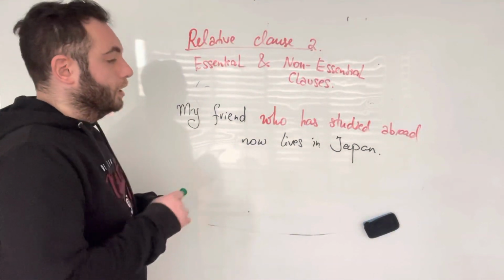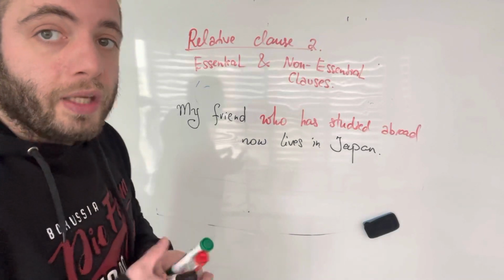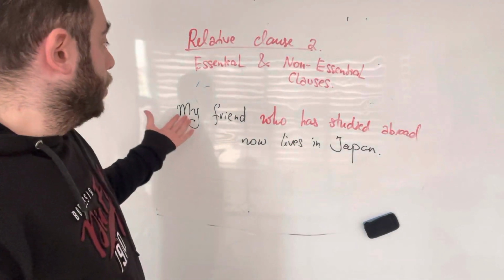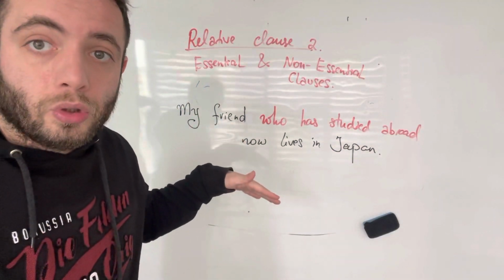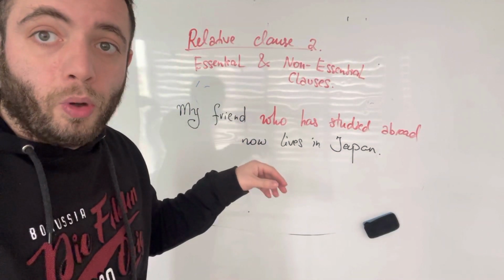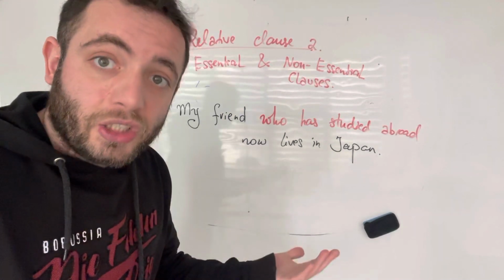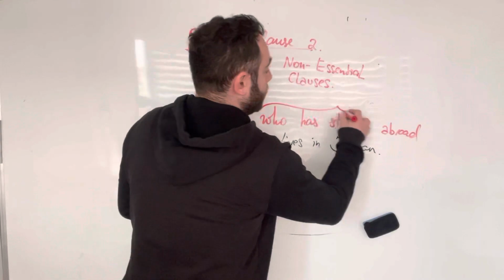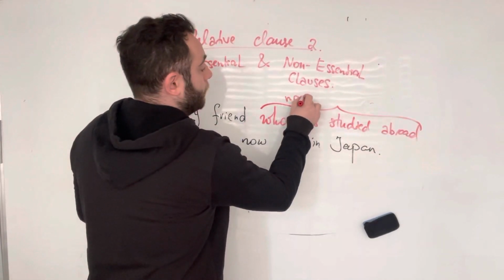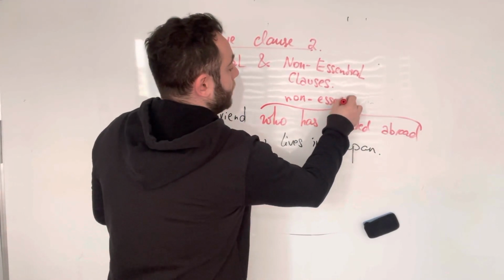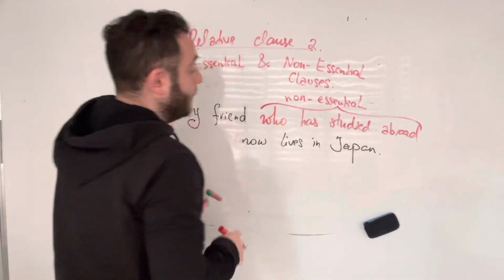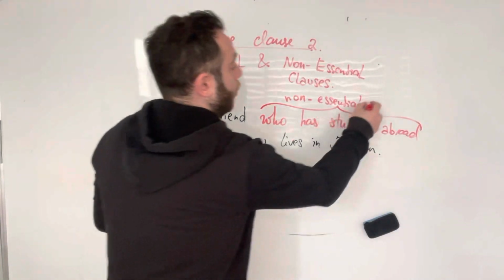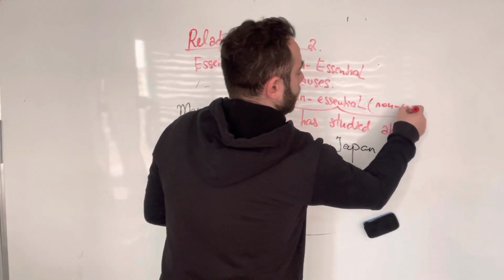Since the question is about somebody you know living abroad, whatever you say about that person becomes just an additional fact. In writing, this additional fact is called a non-essential clause, or non-restrictive clause.